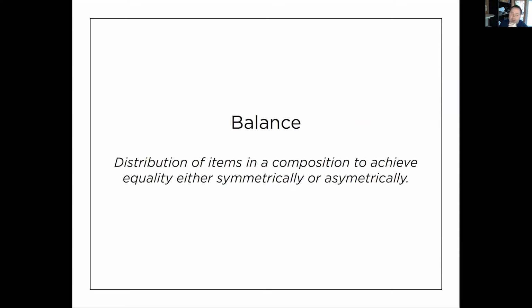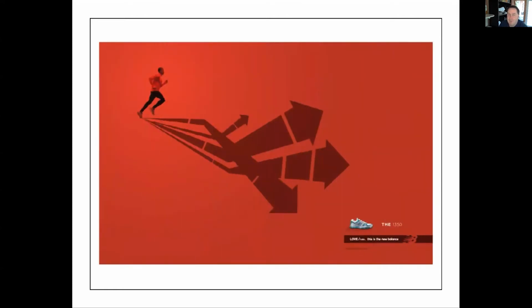Balance. Balance is the distribution of items in a composition to achieve equality, symmetrically or asymmetrically. Balance is kind of like giving that strong, very symmetrical type of appearance.